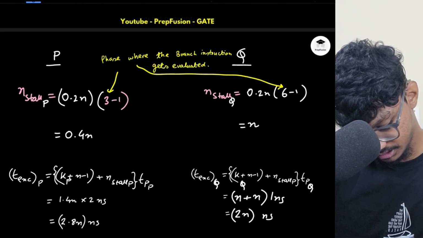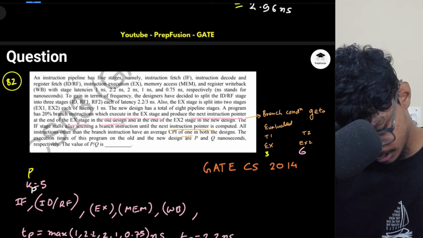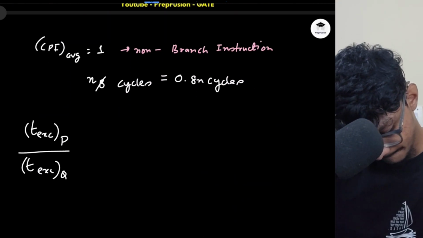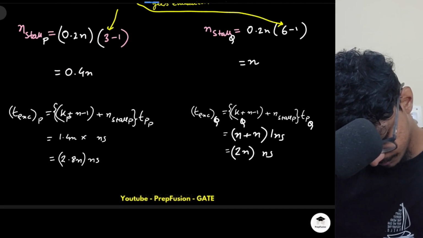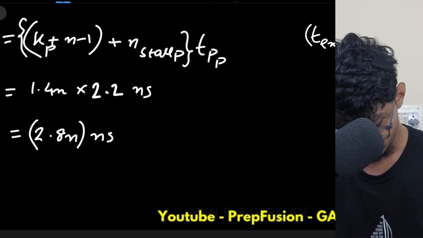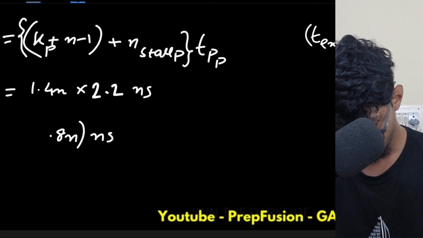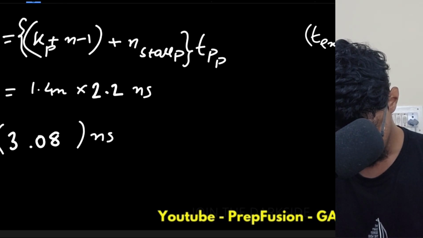Sorry, was this 2 nanoseconds or 2.2? Just hold on, this was actually 2.2. So this will not be 2 nanoseconds, this will be 2.2 actually. It will be almost 3.08n.